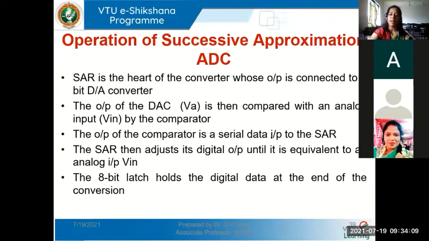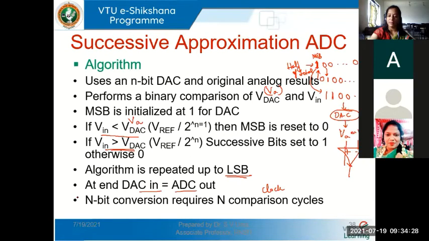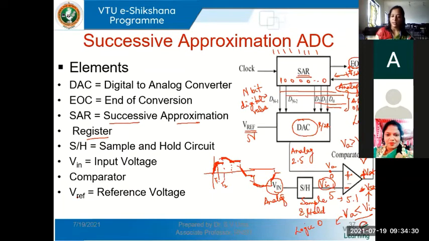Output of the comparator is serially connected to the successive approximation register again, and the SAR adjusts its digital output according to the analog input Vin, and an 8-bit latch will hold the digital data at the end of the conversion. So as I was telling you, the digital data is available here.